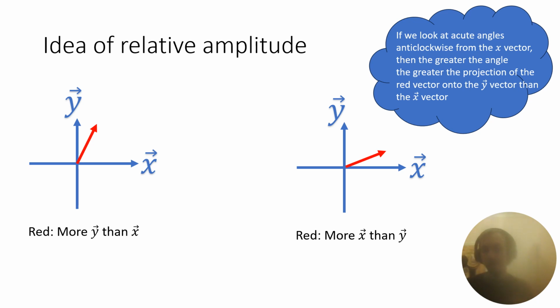For example, if our red arrow was at 45 degrees to both the horizontal and vertical axis, then that would be telling us that if our particle is in that quantum state, then we are equally likely to find it in classical state X as in Y.